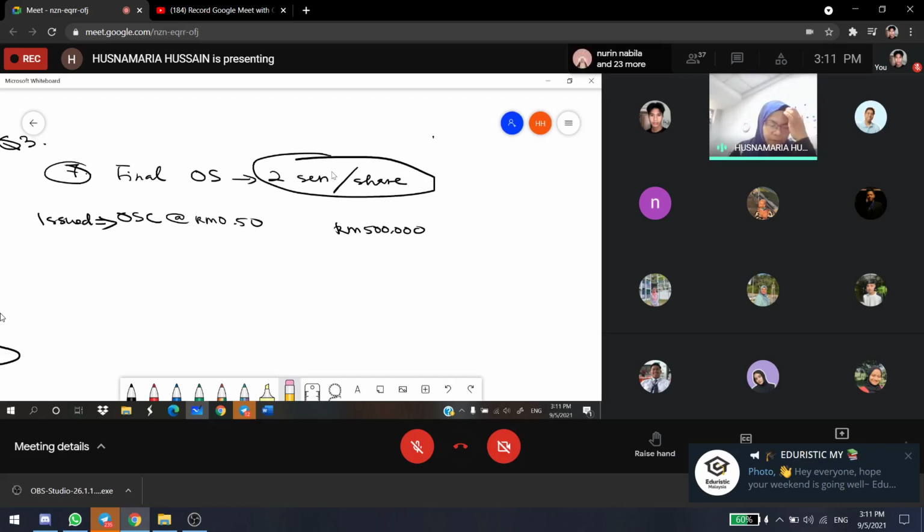Okay, so first we tengok dulu issued ordinary shares. For value dia 50 cents. Total value 500,000. So how many units? 1 million. How did you get 1 million? What is the calculation?